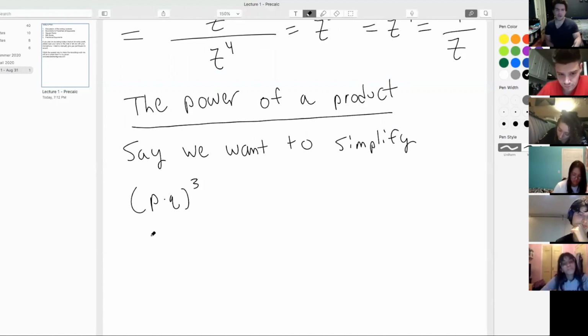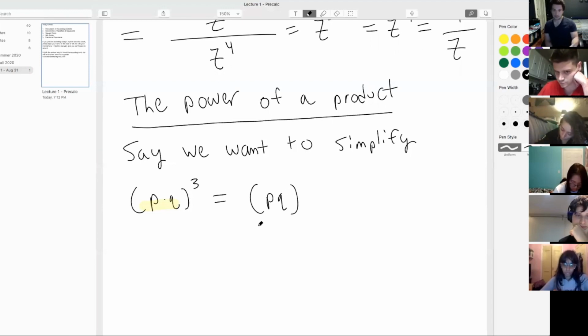PQ is a product because it's two things being multiplied together. So we have a product raised to the power of 3. By definition, this is just PQ multiplied by itself 3 times. That's straight from the definition.